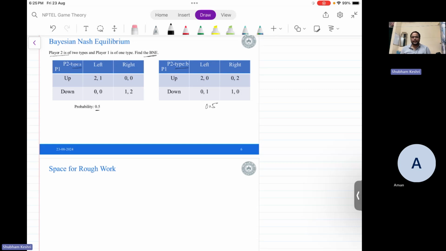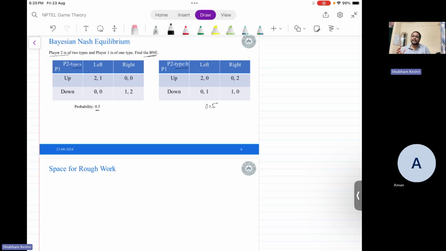There are two players of player 2, and twin A can come, twin B can also come. Player 1 doesn't know whether it is twin A or twin B, but player 2 knows whether I am twin A or twin B. Therefore, player 2 exactly knows what type he is, but player 1 doesn't know.